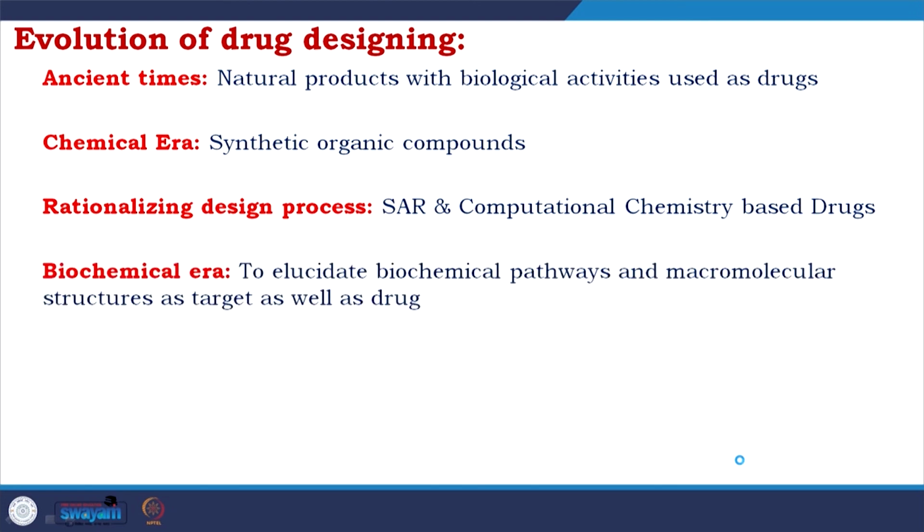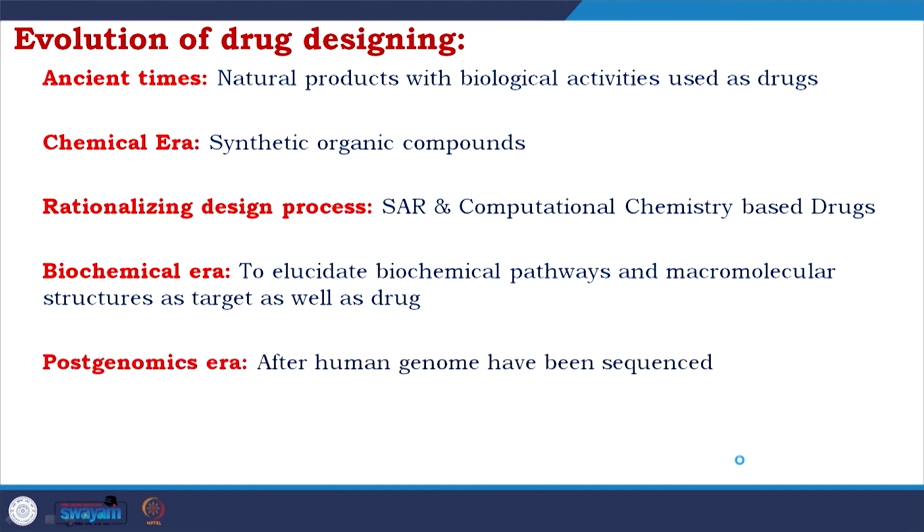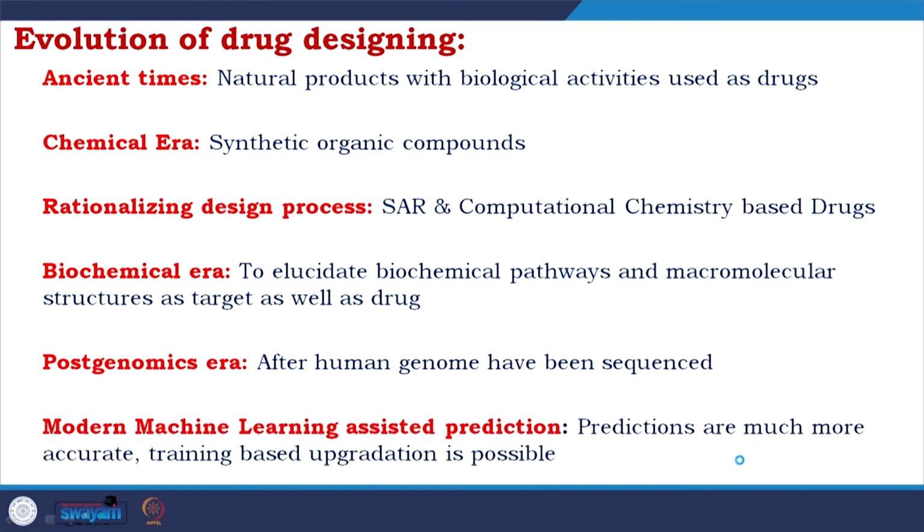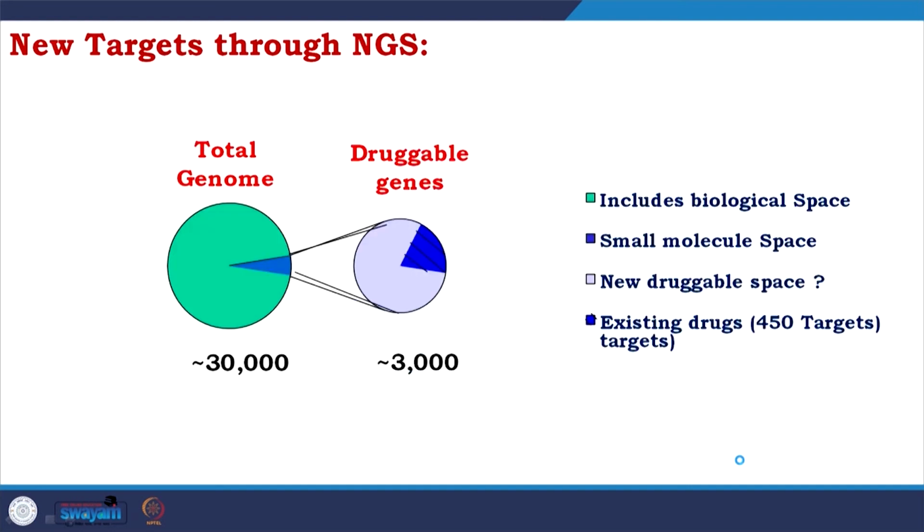Biochemical era: to elucidate biochemical pathways and macromolecular structures as target as well as drug. Post genomics era, after the human genome has been sequenced. Modern machine learning assisted prediction: predictions are much more accurate, and training based upgradation is possible.